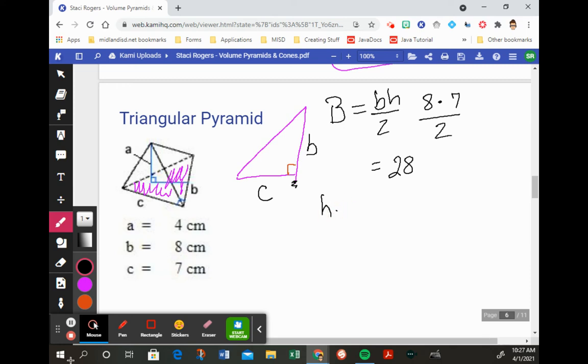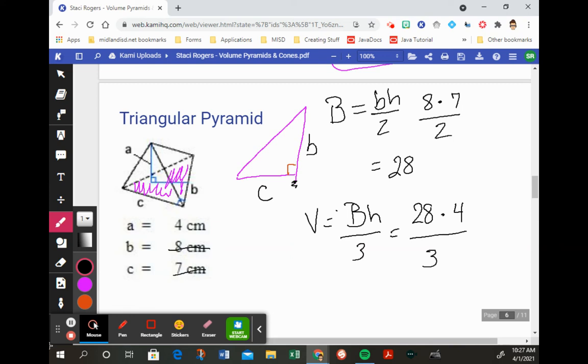H equals, I'm sorry, I don't want H, I want V. So V equals big B times H divided by 3. So that's equal to 28 times, I've already used B, I've already used C, I have to multiply times 4 divided by 3.